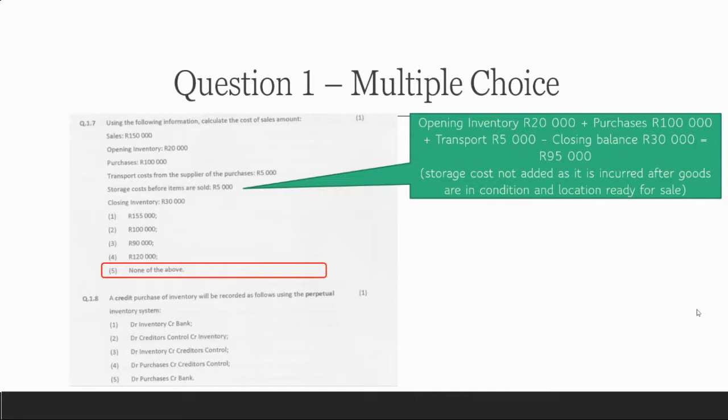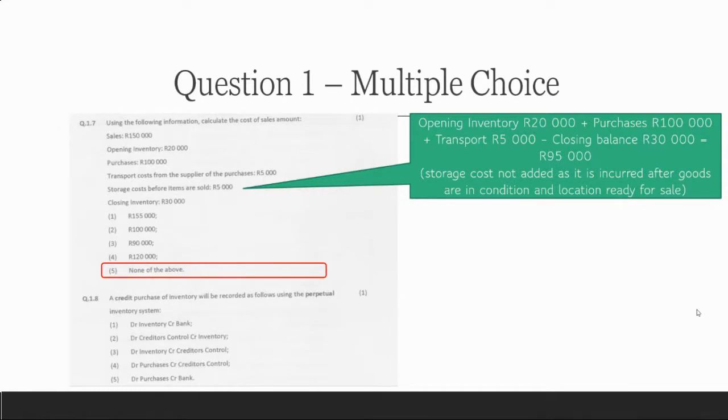Then question 1.8, a credit purchase of inventory would be recorded as follows using the perpetual inventory system. Now, it's a credit purchase. That's the one thing you have to see. So when we buy it on credit, it will not go to our bank account. It will go to creditor's account.